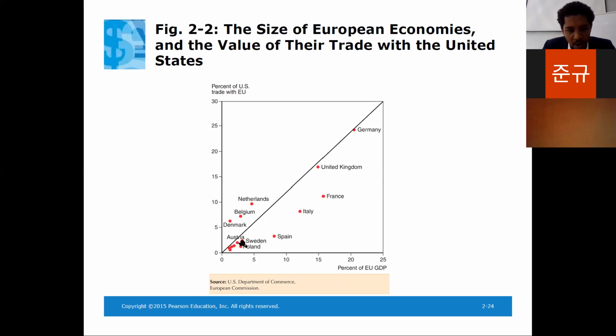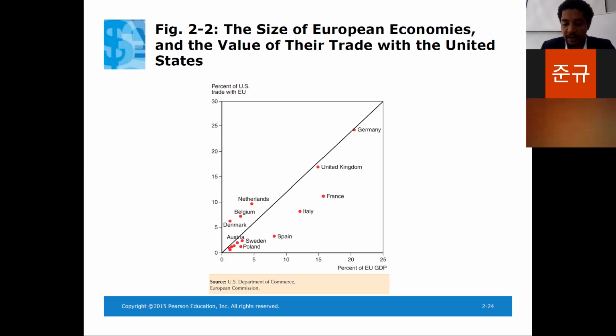You can see here, Poland, Sweden, Austria have the lowest GDPs, and their trade with the US is also lower as compared to those countries with the highest GDP or with the big economy. So this gravity model states that international trade and the size of economy are proportional.